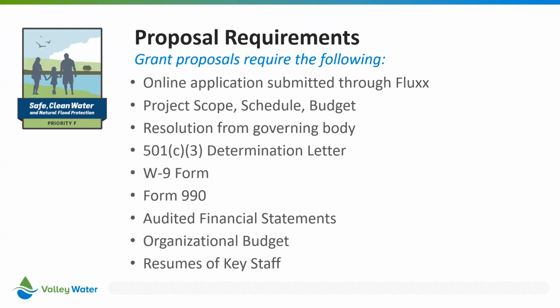Thank you. My second question is that you said audited financial statements. What if you're not at the bar under the IRS guidelines? You have to be at a $2 million mark or $1 million mark, and a lot of agencies are below that, so they're not needed. Would a financial loss statement suffice, or what would you put in place of an audited financial statement if you don't have it?